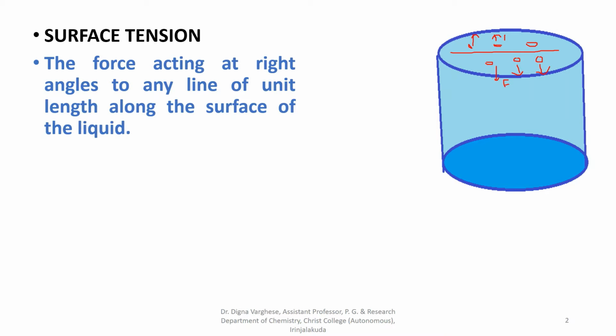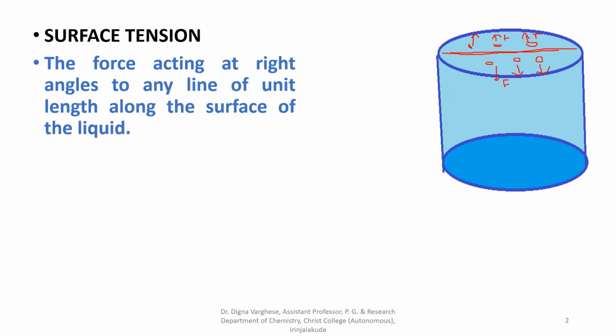This force acting on the line is equal on both sides, so there is a stretching, and this stretching occurs by the equal force exerted at right angles by the molecules near the line.